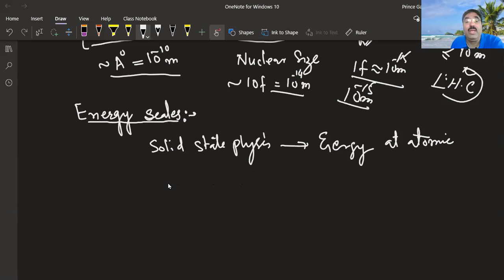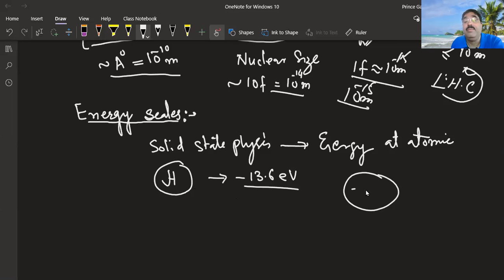We typically know that, for example, if we take a hydrogen atom, to be more simple, the ground state energy of hydrogen atom is 13.6 electron volts, right? And in the ground state, if you have a hydrogen atom, this is the nucleus of the atom, and that's the electron.